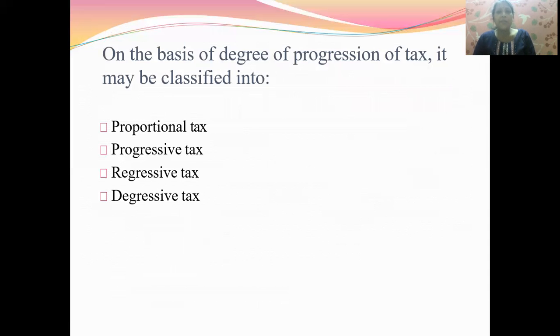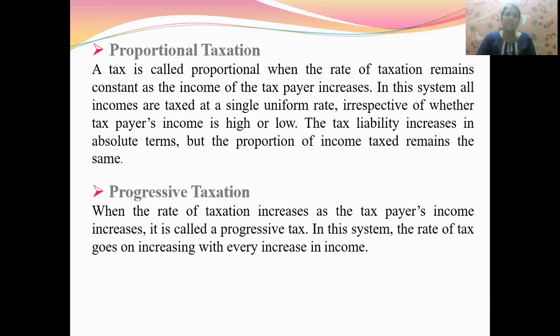And on the basis of degree of progression of tax, it may be classified into proportional tax, progressive tax, regressive tax, and digressive tax. So let us find what is proportional tax, what is progressive tax, what is regressive tax, and what is digressive tax. So first start with proportional taxation.